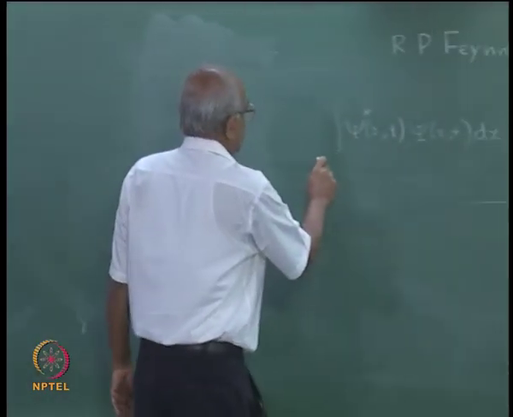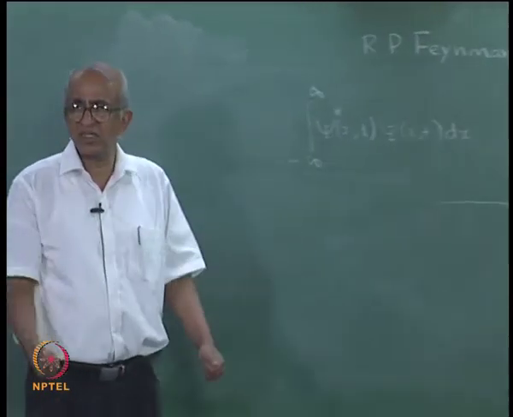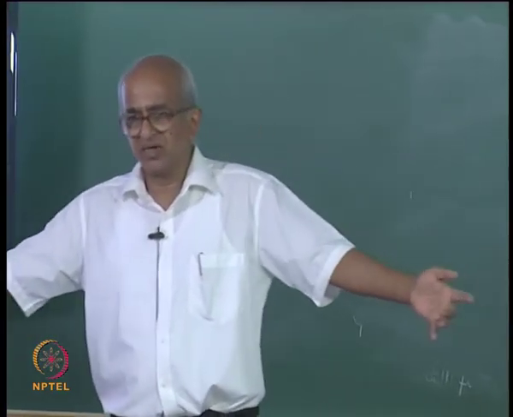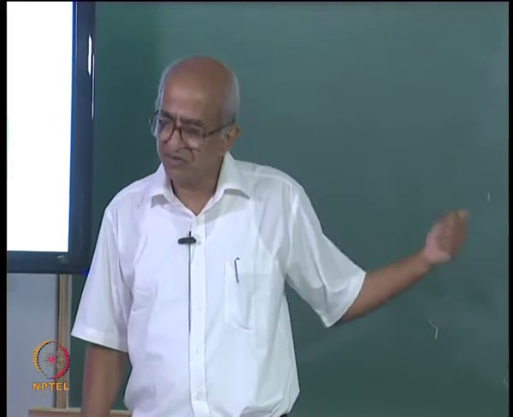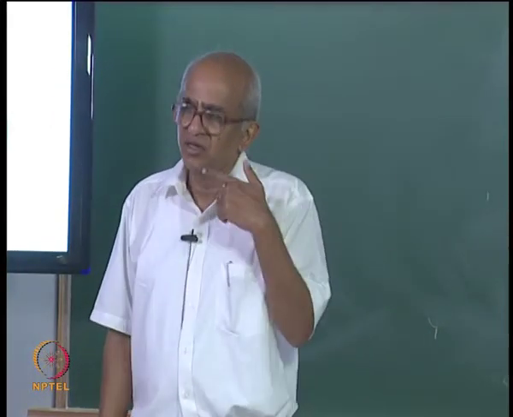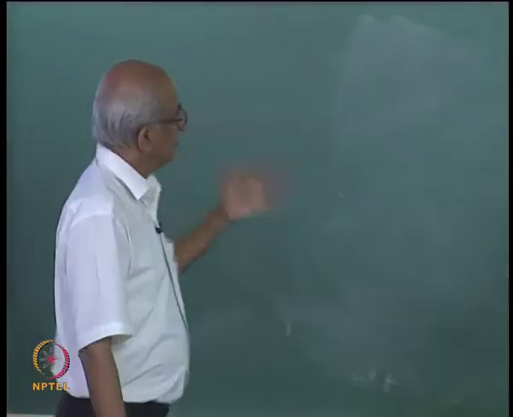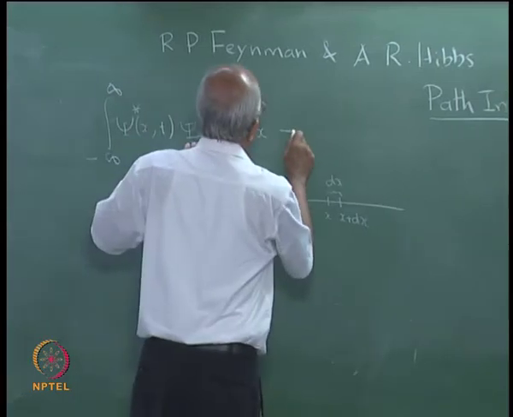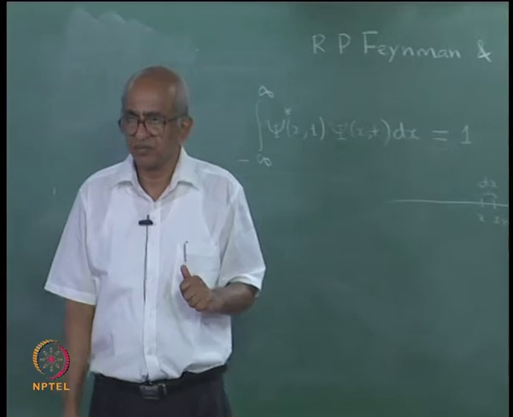But again, physically I know that if I calculated the total probability, the particle is sure to be in that interval, because it cannot be anywhere else. So, the particle is sure to be in that interval, and therefore, if I calculated this, I know that it should be equal to unity. So, my state function or my wave function should be such that this integral must be equal to unity.